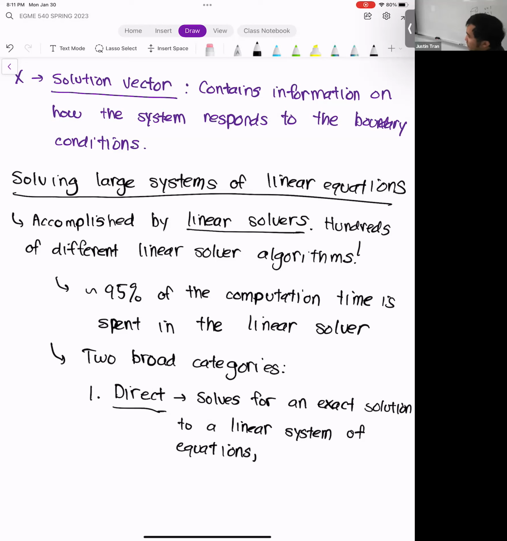So if you have a 100 by 100 system, a direct solution method will give you the exact answer. The issue with direct is that it can be very costly for very, very large systems.